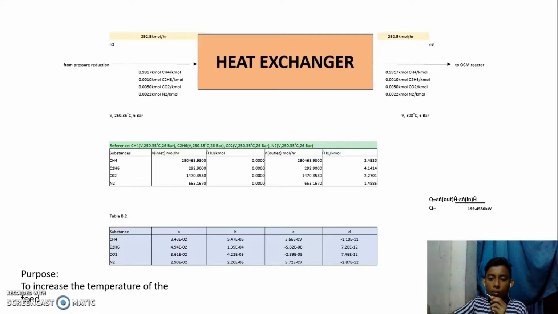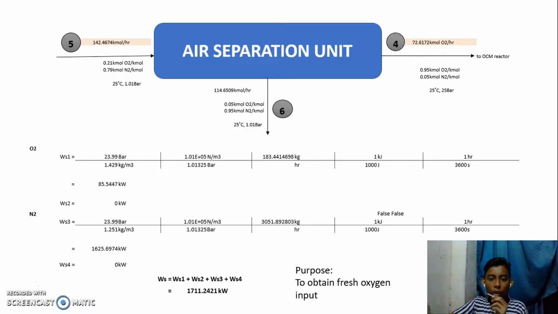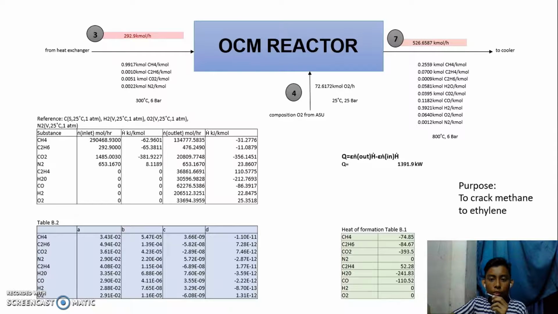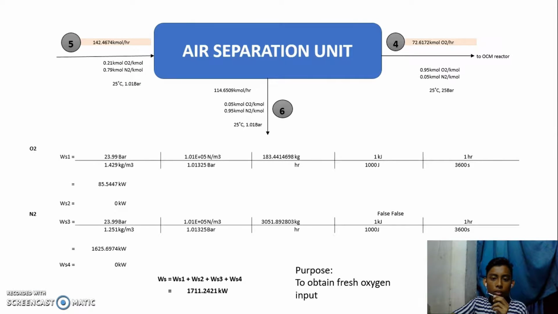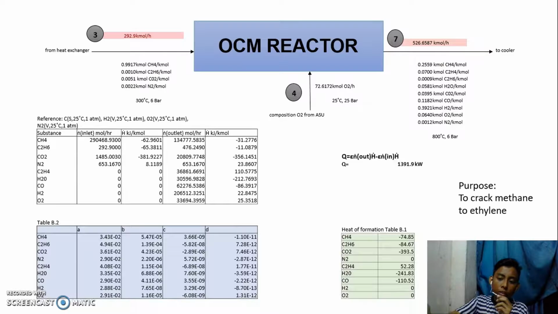Then the outlet from the heat exchanger will go into the OCM reactor. Before that, there is the ASU unit, which also goes to the OCM reactor.